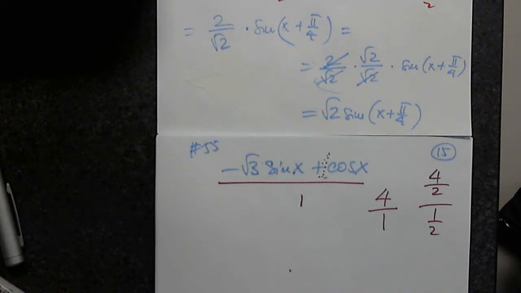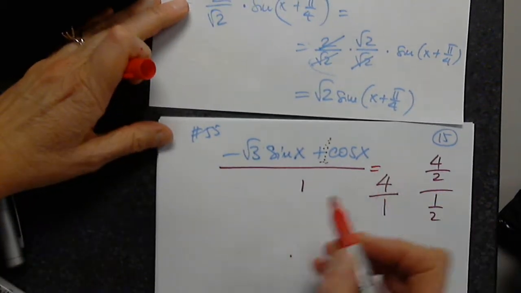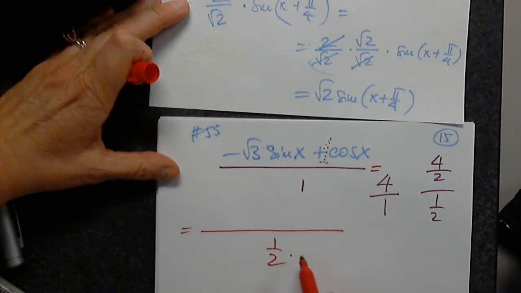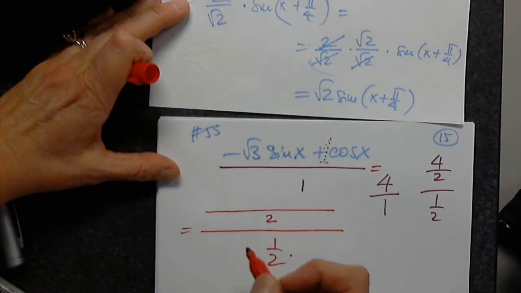I'm only talking about the denominator now, I'm not talking about the numerator. So in order to get either 1/2 or the square root of 3 over 2, what should I divide the top and the bottom by? Exactly. That's why I even gave this example here. So I will divide the top by 2 and the bottom by 2.